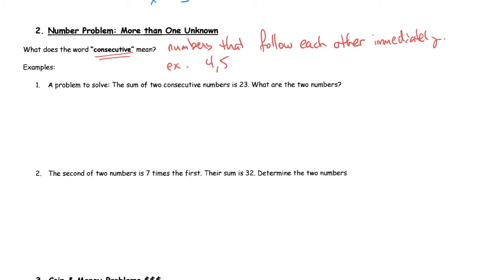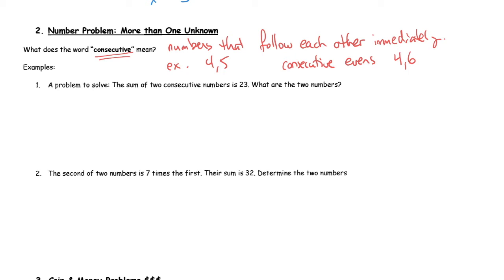Now, there is a little bit that can be done with this, because I could say, for example, consecutive evens, then it might be 4 and 6, because 5 is not an even number, but 4 and 6, they follow immediately from each other as even numbers here.